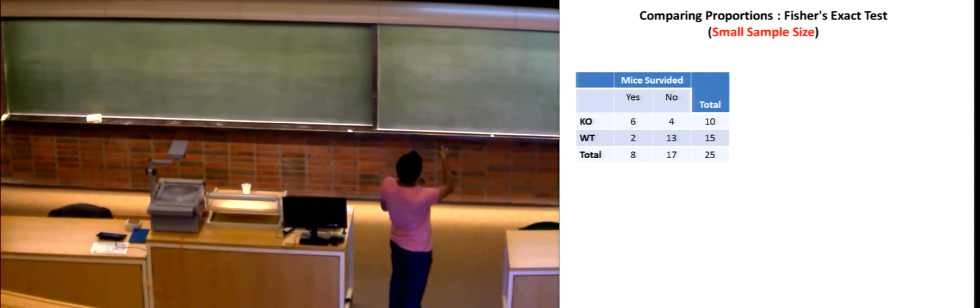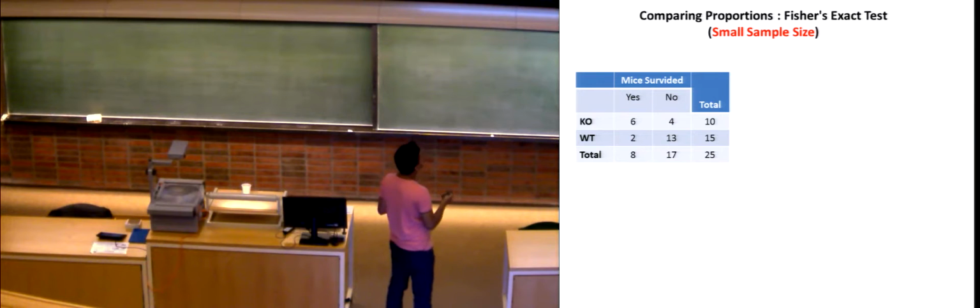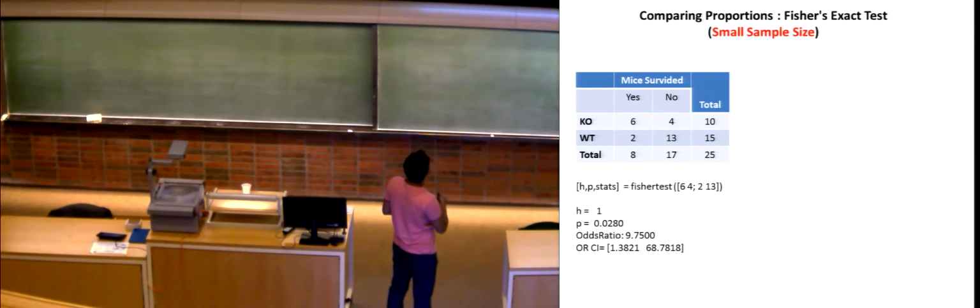Wild type, 2 of them survived, 13 died, right? And then you got this contingency table, and you want to know if the knockout and the wild type have statistical difference. One cannot use any t-test again or non-parametric Wilcoxon-Mann-Whitney, but use the Fisher test.